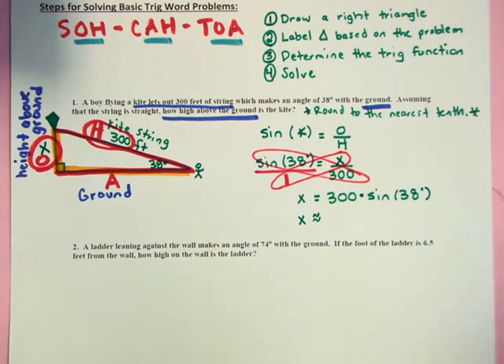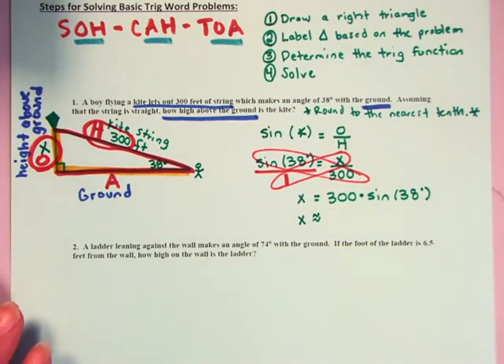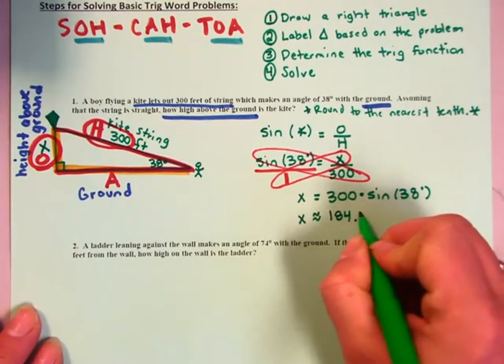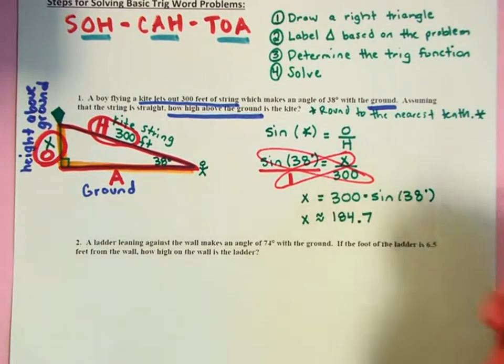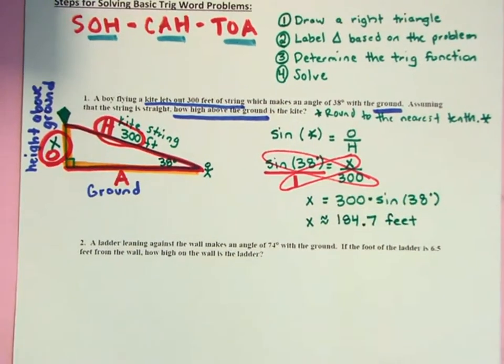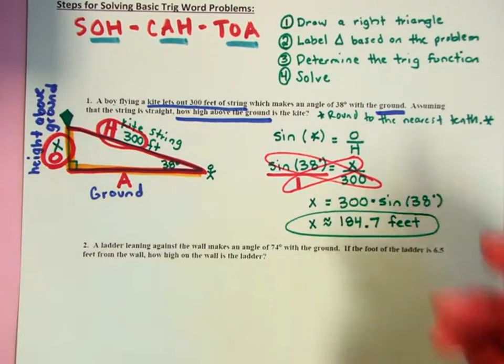What do you get? You get approximately 184.7. What are our units? What units are we using for this problem? Feet. You have to answer the problem in question.